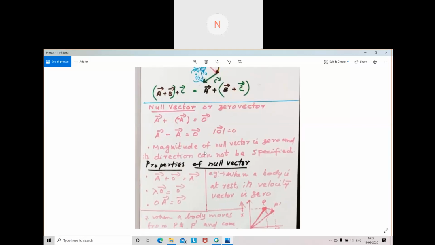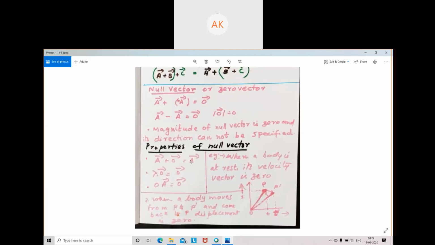The magnitude of a null vector is 0 and its direction cannot be specified. So what is a zero vector? It has magnitude 0. What is the direction? It does not have any particular direction. Direction cannot be specified. So that is the property of the zero vector, and some more properties are there.